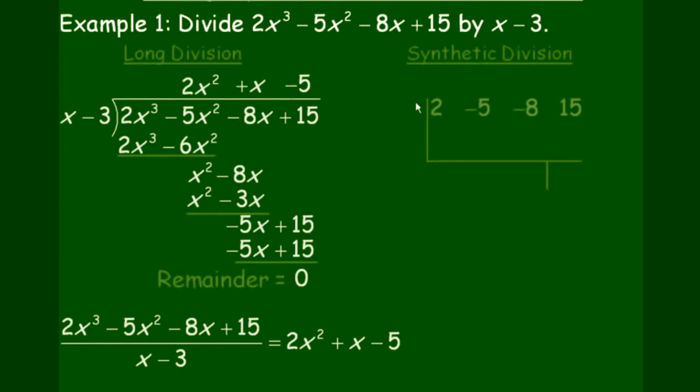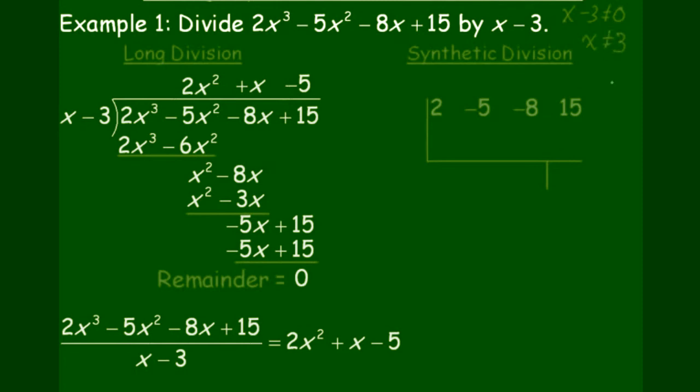What goes over here is the restriction in the division. Since we are dividing by x minus 3, x cannot have a value that makes that divisor 0. So to find that restriction, you say x minus 3 cannot equal 0, and solving for x, x cannot equal 3.